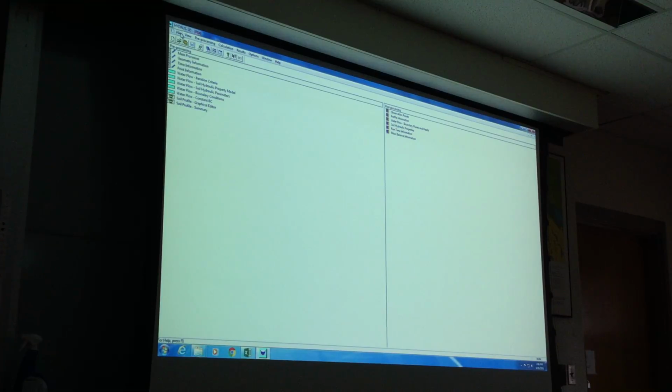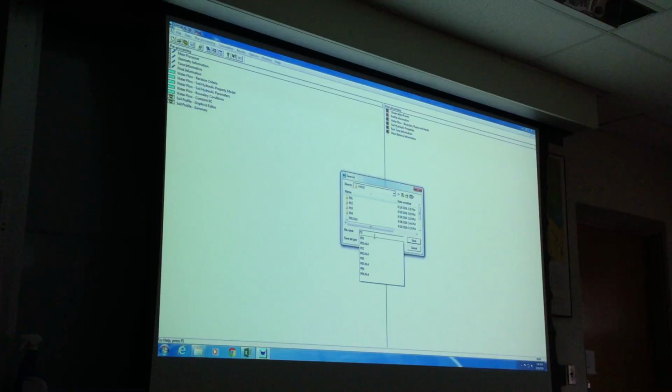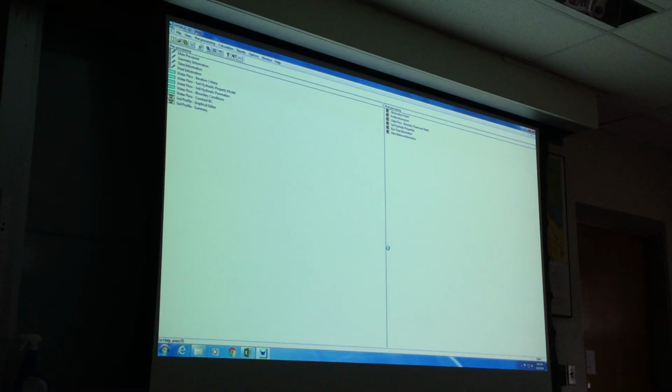Now we only save this as 5. So now what we want to do is allow the system to react. Instead of a system-independent boundary condition, we apply a system-dependent boundary condition.